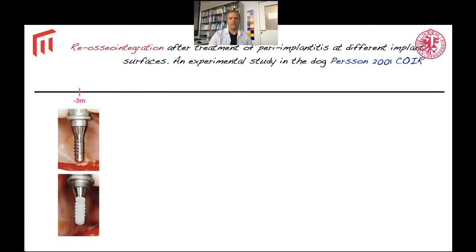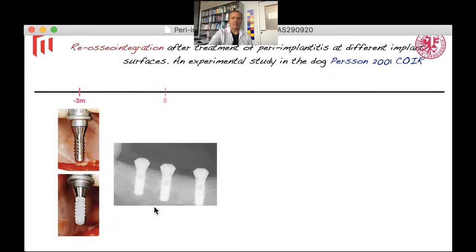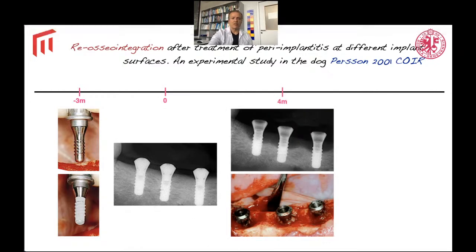Let's look at a preclinical study where we can illustrate one of the reasons. In this study, implants of similar macrogeometry but different surface characteristics, a machined and a rough implant, were placed in the dentulated mandible of dogs, and after osseointegration, ligature-induced peri-implantitis was performed.